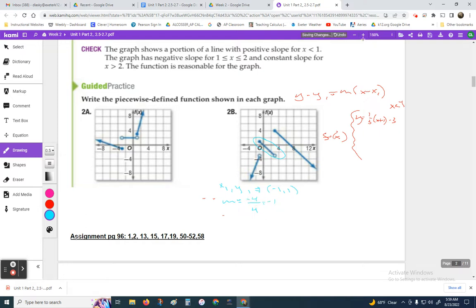So what's my new f2 equation? f2 of x is equal to y minus 1 equals -1 times x minus a -1, which is +1. So that means my new equation becomes y equals -1 times x plus 1 plus 1. That's my equation.